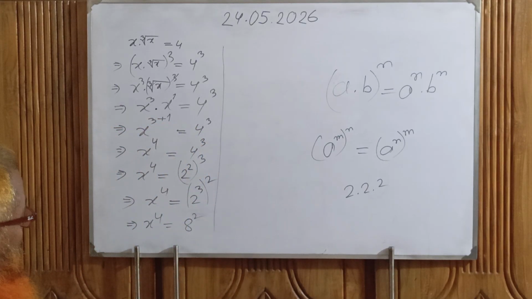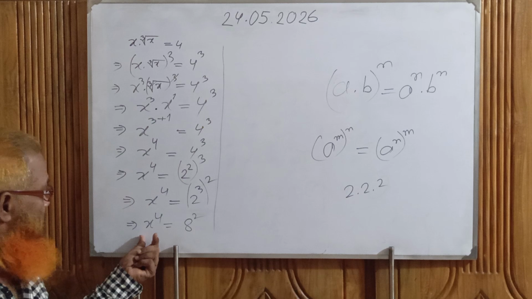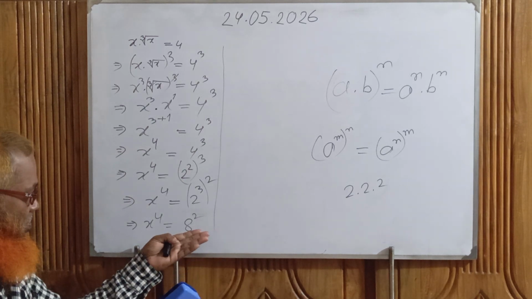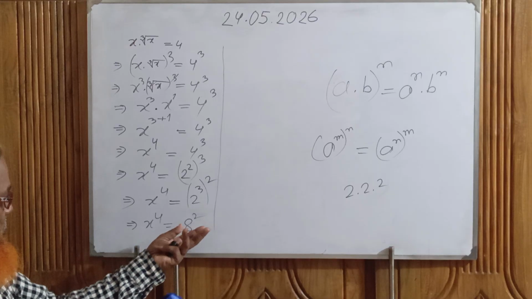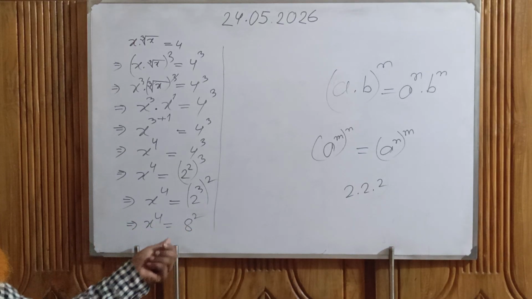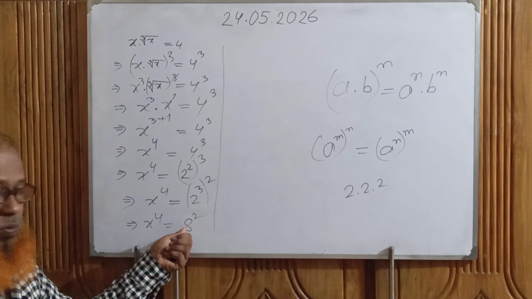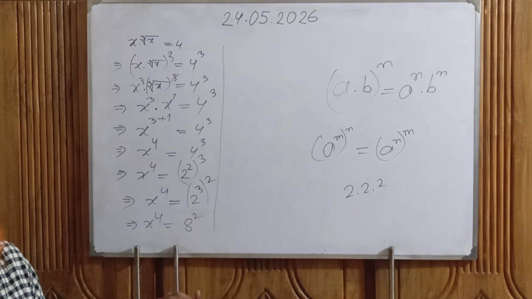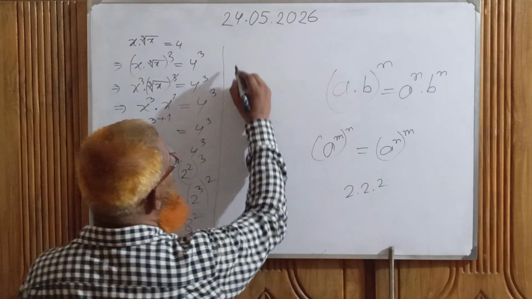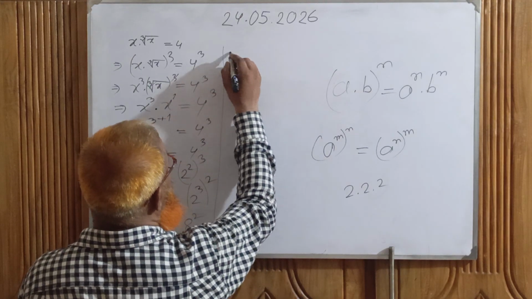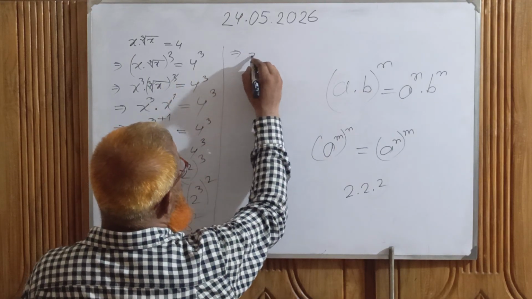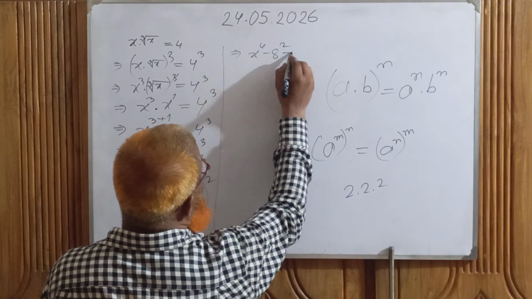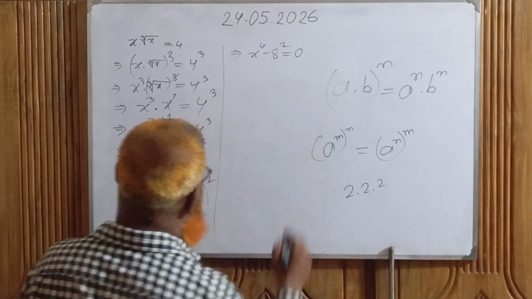Now what can we do? This is the left side and this is the right side. So we take this 8 square to the left side. This is the positive 8 square, so it becomes negative 8 square. Minus 8 square equals 0.